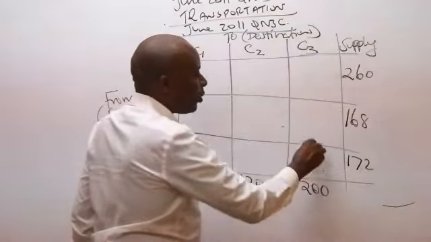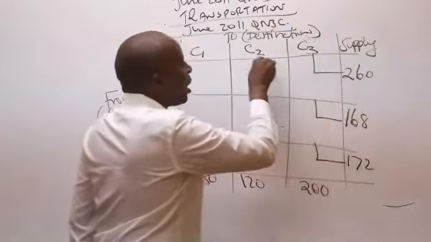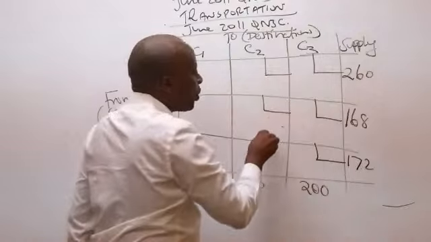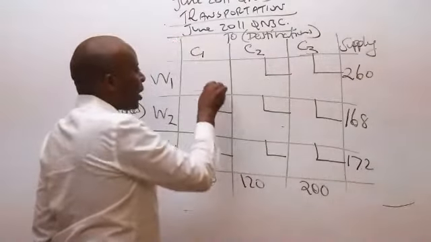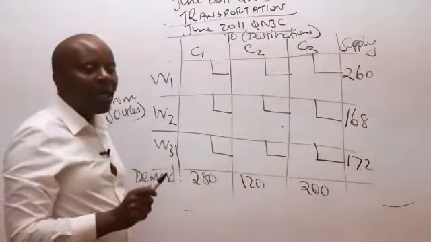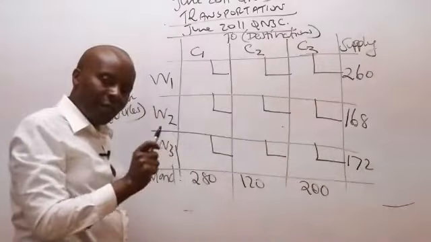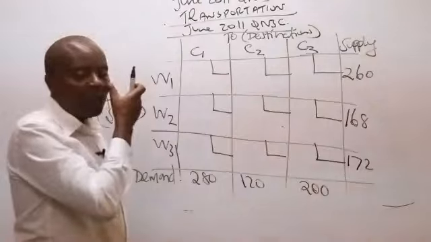Then, if it's a question of transportation, I must put what we call suspended cells. These suspended cells will contain my Cijs, my transportation cost per unit.